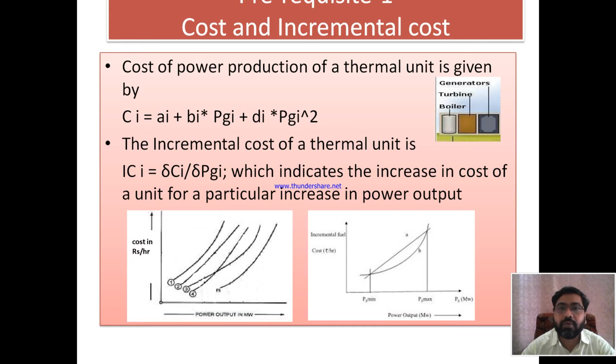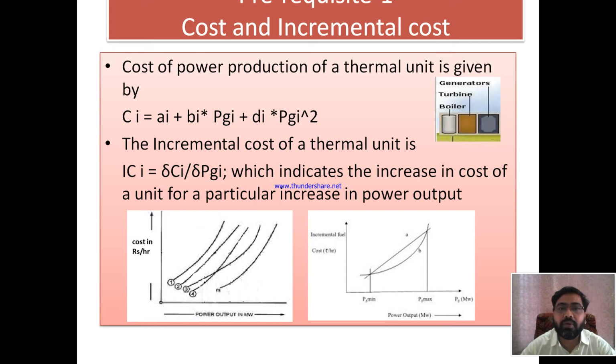The cost of power production of a thermal unit is given by Ci equals Ai plus Bi Pgi plus Di Pgi square. Thermal unit means one combination of boiler, turbine and generator.